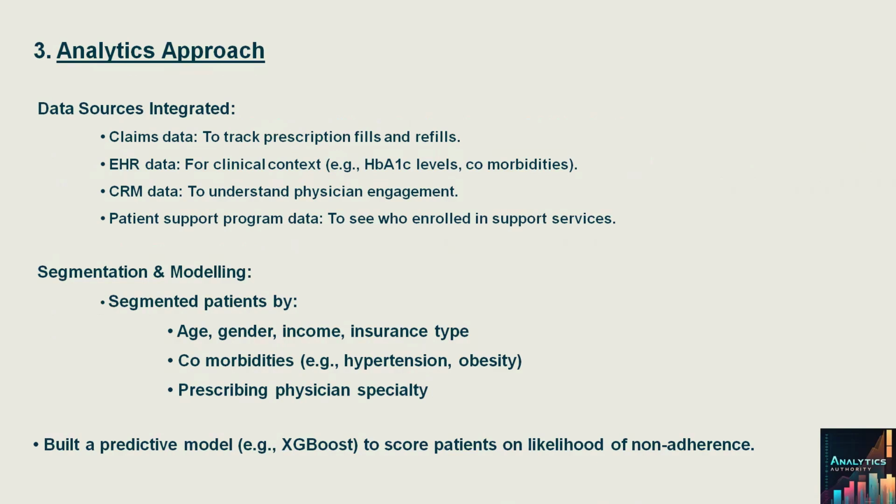So the first thing is data collection. We have collected claim data, EHR data, CRM data, and patient support program data. This data provided a couple of columns: claim data provided the fill and refill rate, EHR data provided the comorbidities and HbA1c levels, CRM data helps to understand the physician engagement, and the patient data shows who is enrolled in the patient support services and who is not.